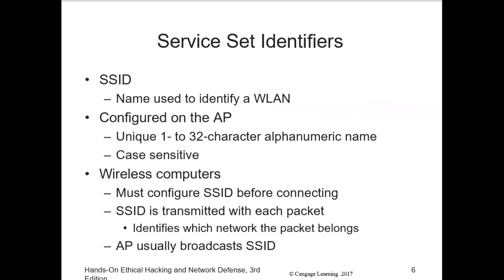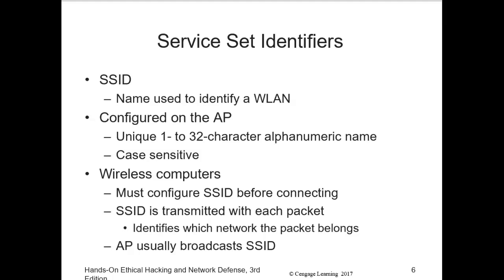Now, the service set identifiers, or SSIDs. A service set identifier is the name of the wireless LAN, right? The SSID is configured on an access point. It's usually 1 to 32 characters or so, a case sensitive, alphanumeric name, right?